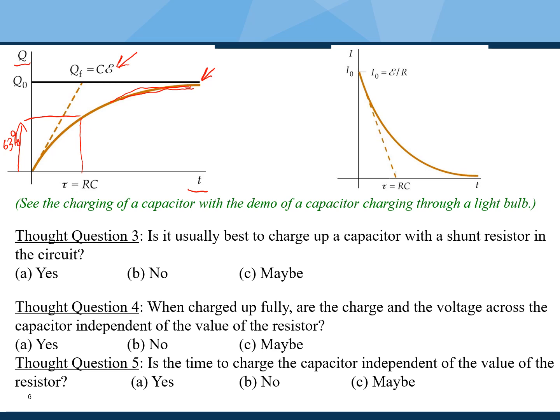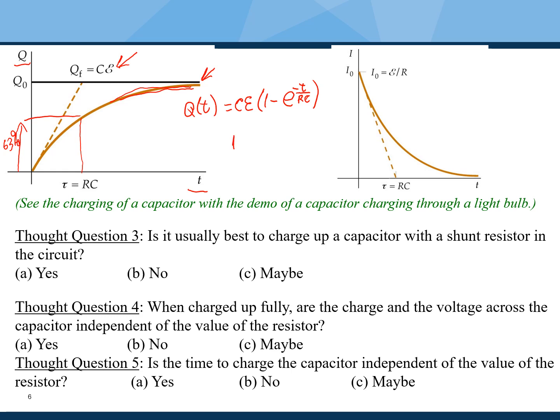We can actually go ahead and take our expression for the charge Q as a function of time, which is just given as C times E times 1 minus e raised to minus t divided by RC. And we can differentiate this with respect to time.